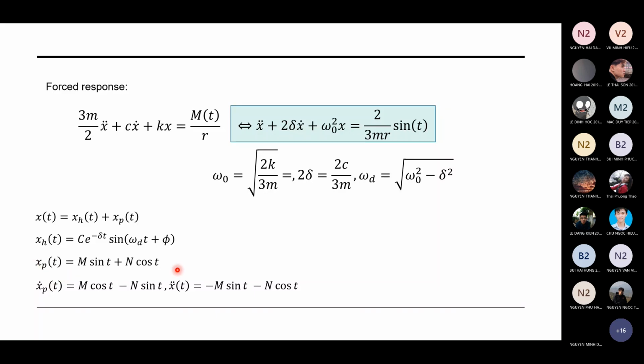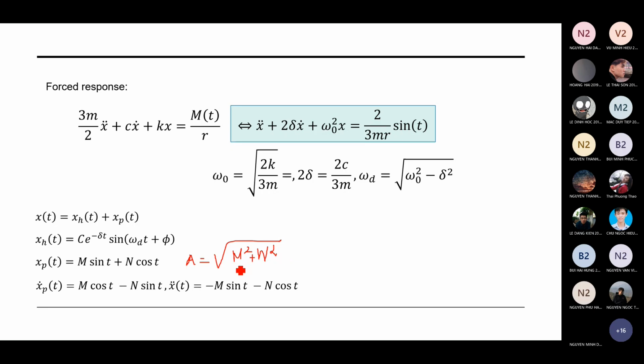The amplitude can be said to be the square root of m squared plus n squared, or a squared plus b squared. That's the same.